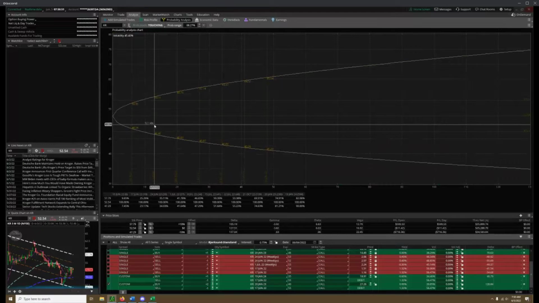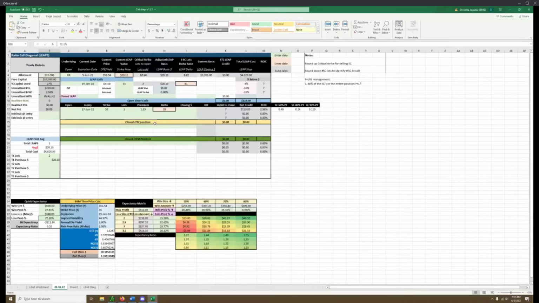If I'm looking at the in-the-money calculation, it's going to be that 29%, because it has a 29% chance to fall below that strike, that 49.96.